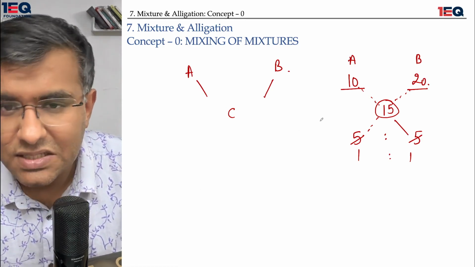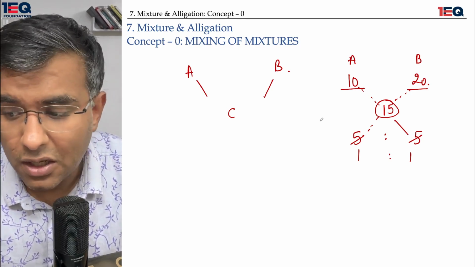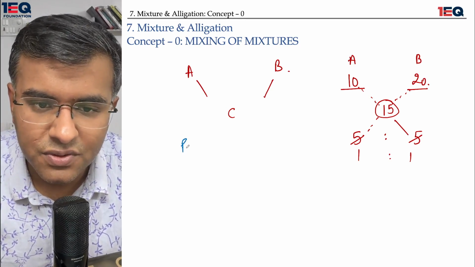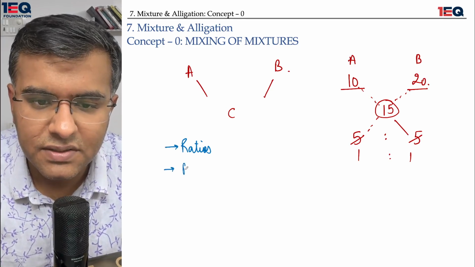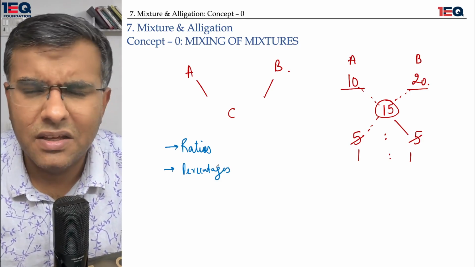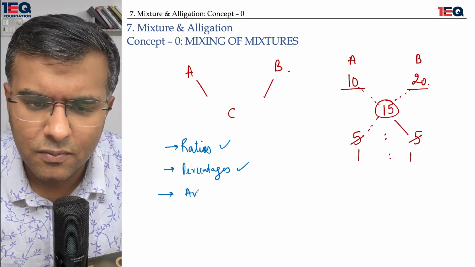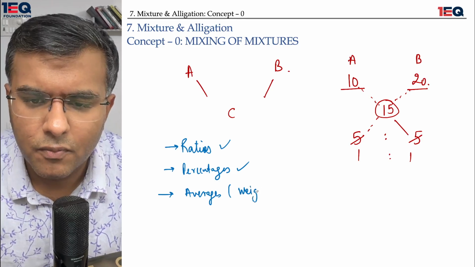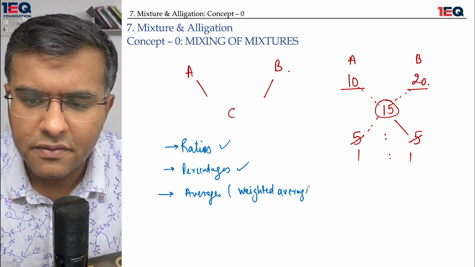My explanations might not be fulfilling enough for your brain to understand what I'm talking about, but the questions which have been asked till now by SSC are really easy, and all the basic concepts are ratios, percentages, and also averages, especially weighted averages.